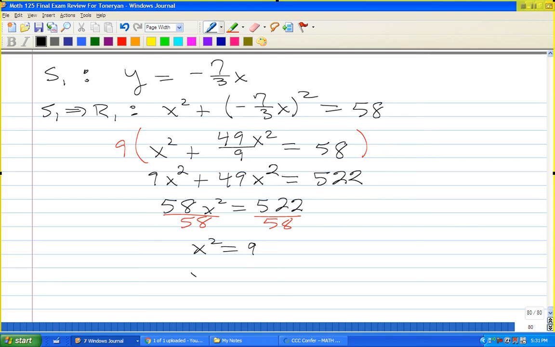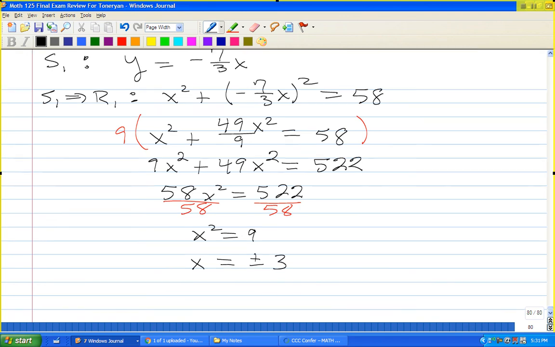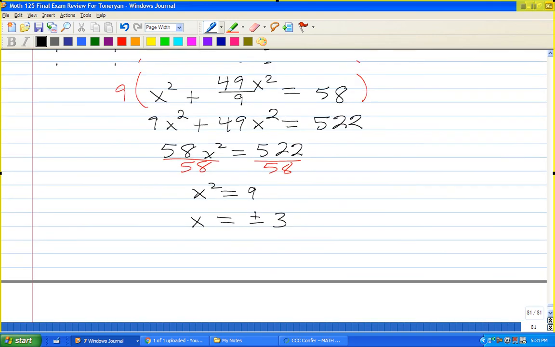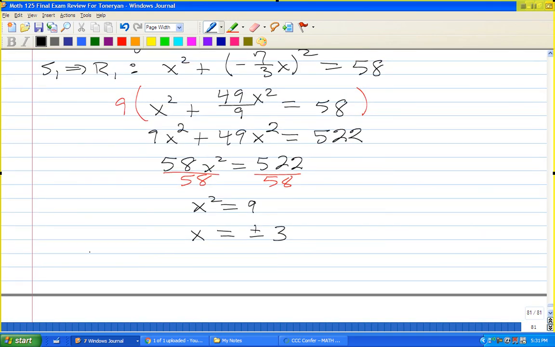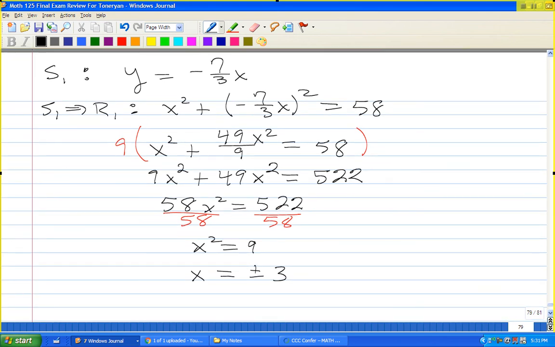And so x is equal to plus or minus 3. And so this says that by S1, I have that y is equal to negative 7/3 x.